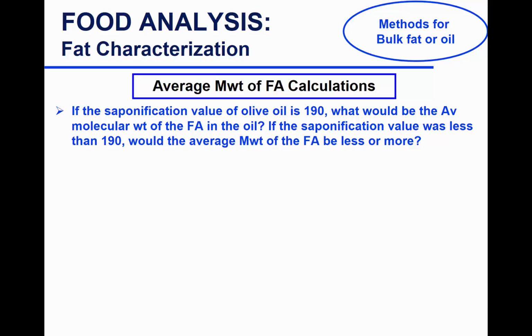Basically, this is telling me 190 milligrams of KOH is absorbed by 1 gram of oil. To convert it to grams to unify the units, it's 0.19 gram of KOH. I have 1 mole of triglyceride, so 1 mole of triglyceride will have X molecular weight.